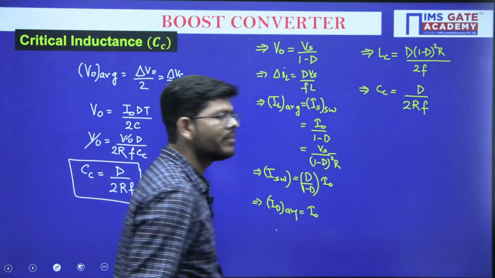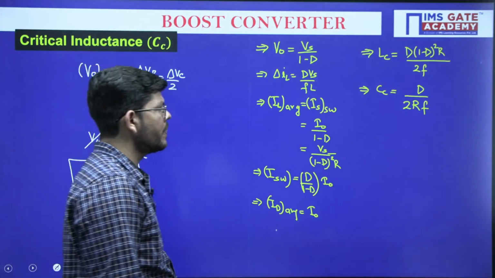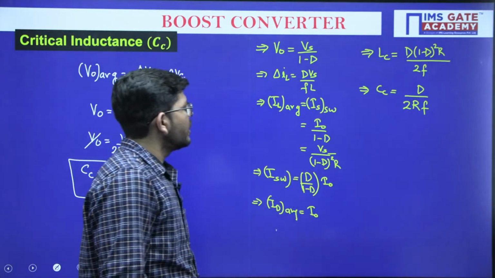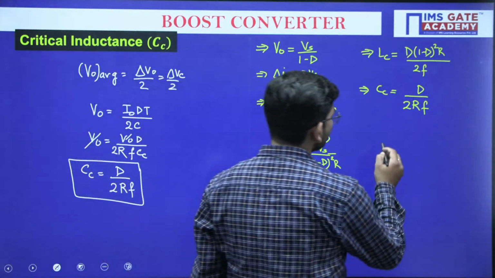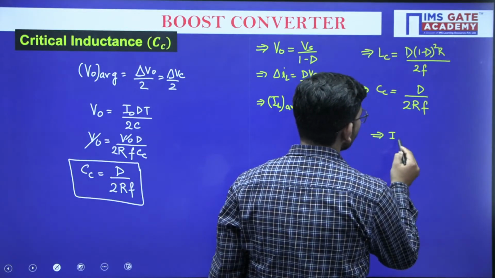So guys, these are the important formulas that we have, and all these are average values. Suppose I want to calculate the RMS value of the switch current.